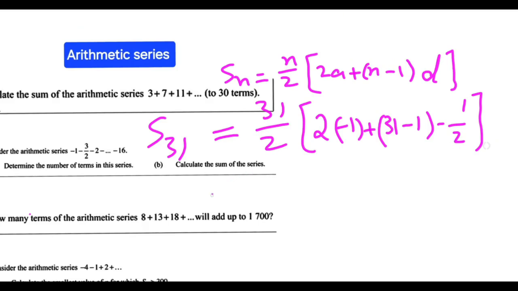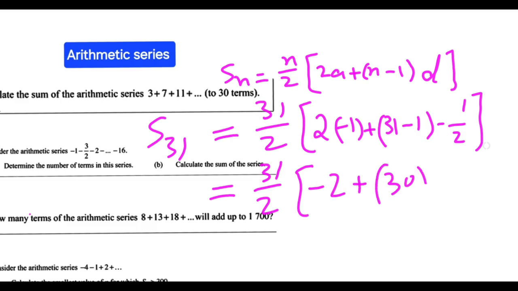Now I'm going to simplify using my calculator. 31 over 2, this becomes -2 plus 30 multiplied by -1 over 2.